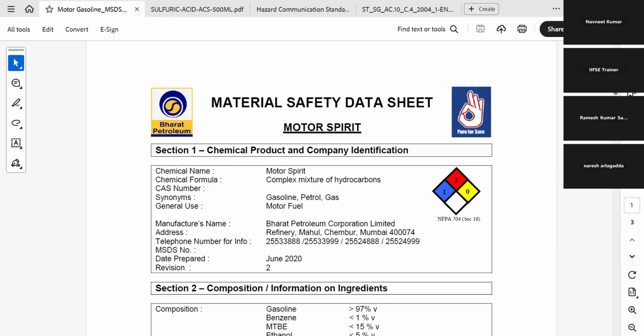One second, it is a bit difficult to understand; it is in a European language. I'll try to tell you, but ADR is nothing but dangerous goods transportation. Just a second, I'll tell you.